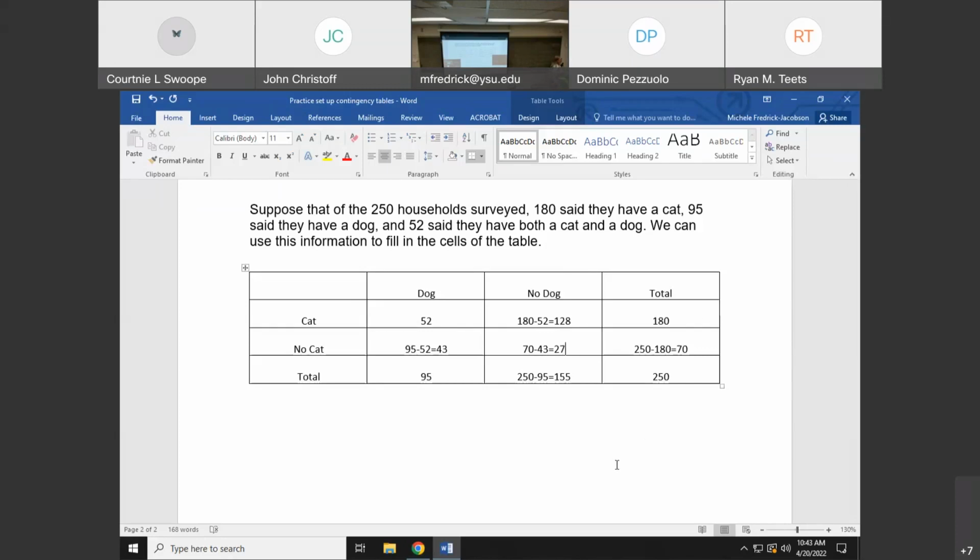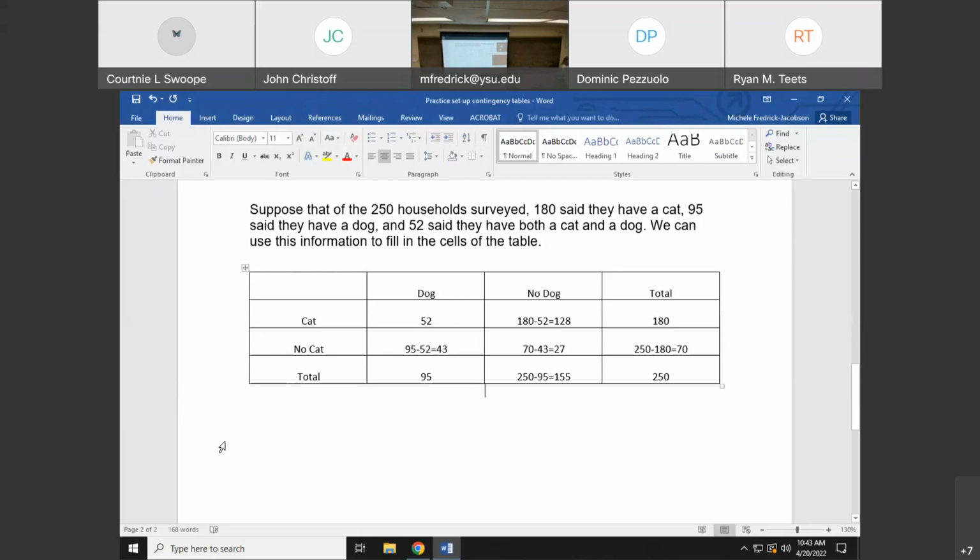If I choose one at random, what's the probability that they have cats and dogs? Any questions on setting it up or finding probability? Okay, I'm sorry. If I choose one at random, what's the probability, this was owning, right?